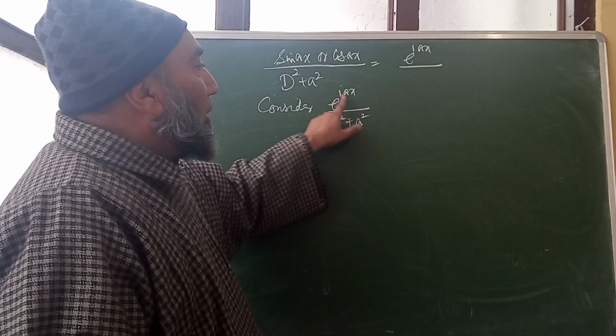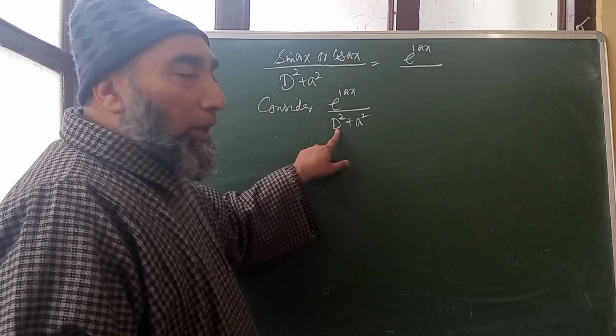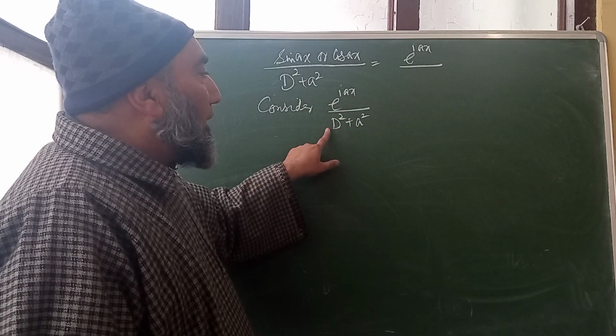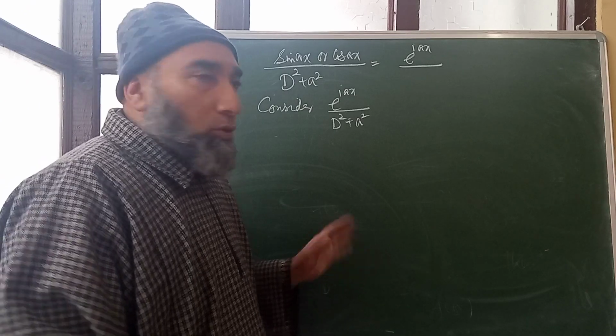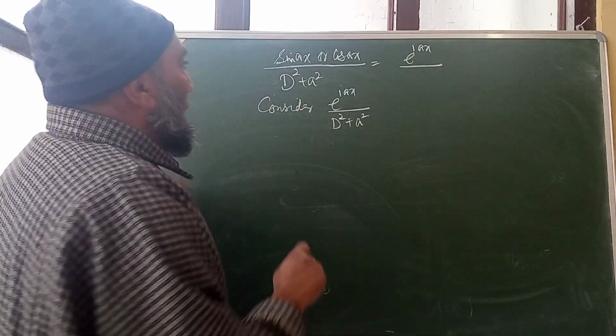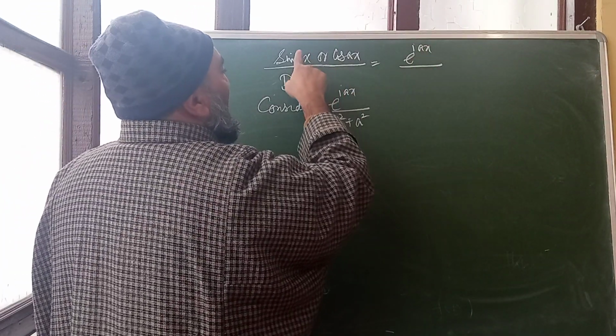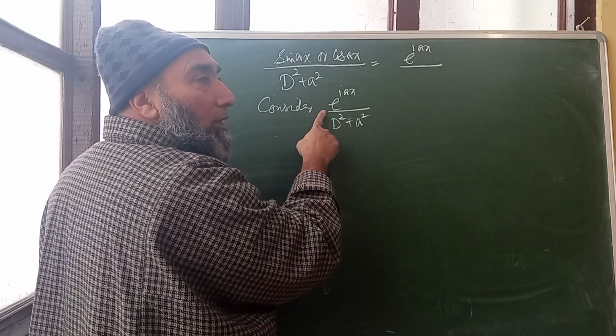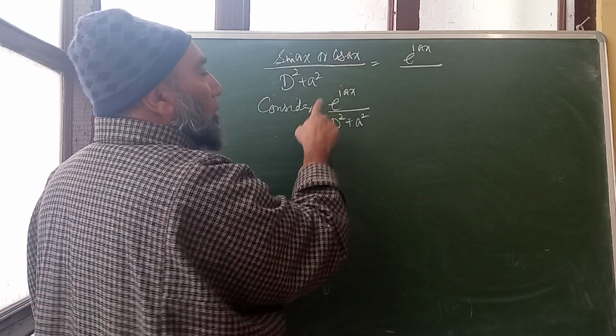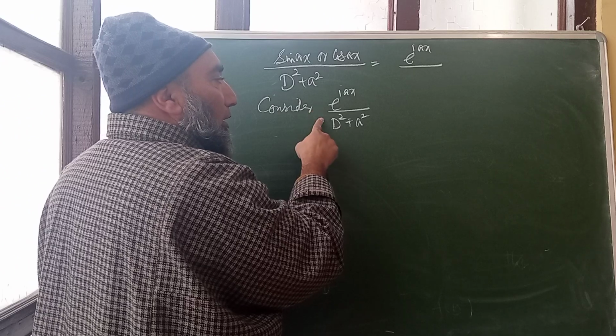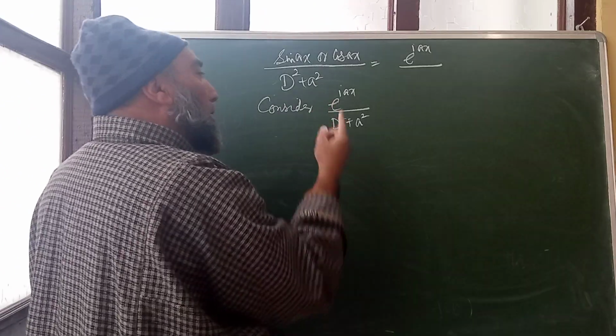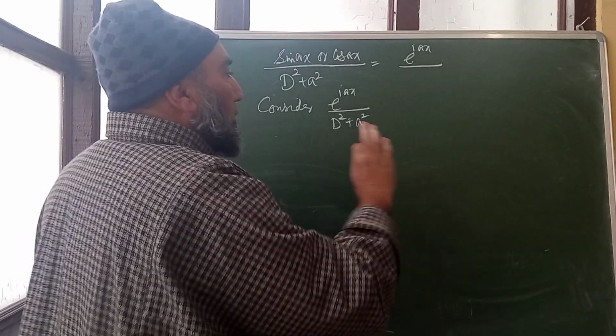So instead of a, you have iota a. If you replace D square by iota a square, it will be minus a square, case of failure. So there is nothing to worry about. If it is sine over here, I will take the imaginary part of this. If it is cos over here, I will take the real part.